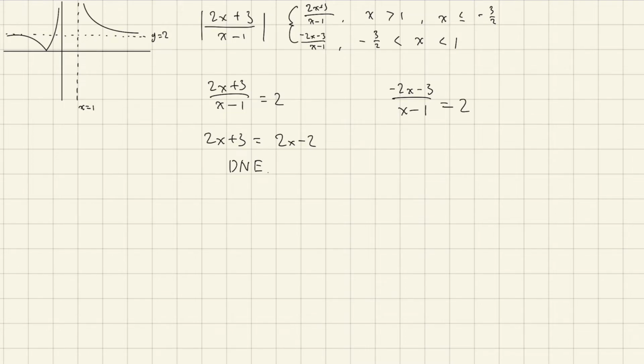By simplifying this, we get negative 2x minus 3 is equal to 2x minus 2, and therefore 4x equals negative 1, and x is equal to negative 1 over 4. Hence, our answer will be x is greater than negative 1 over 4, and x cannot equal 1.